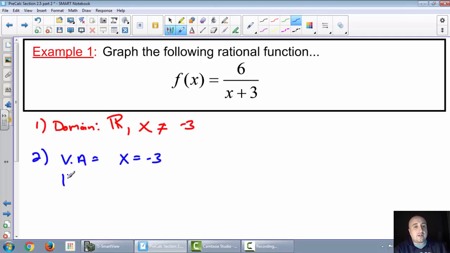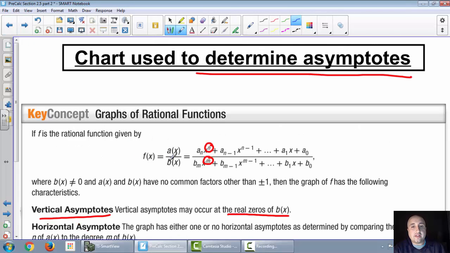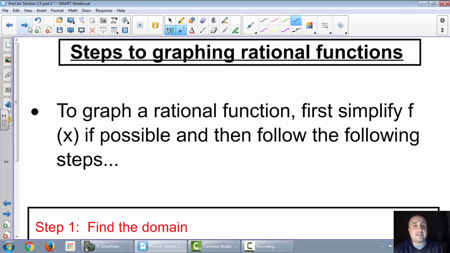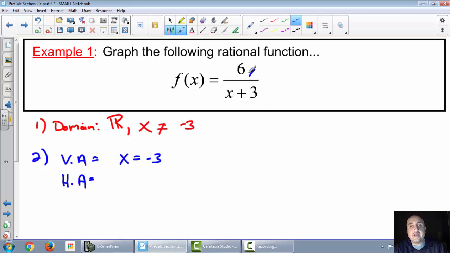Now for our horizontal asymptote, we're going to need to use the chart. Let's go back to that. For the horizontal asymptote, we have to look at the exponents of our numerator and denominator. So what is the highest exponent of our numerator? Well, this is really like x to the 0 because there's no x there. So our n is 0 and our m on the bottom is 1.